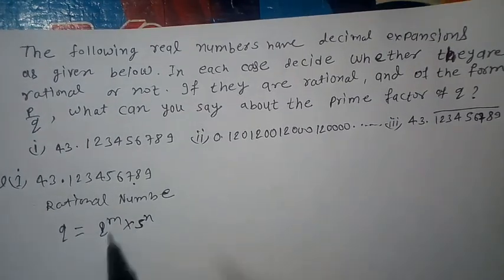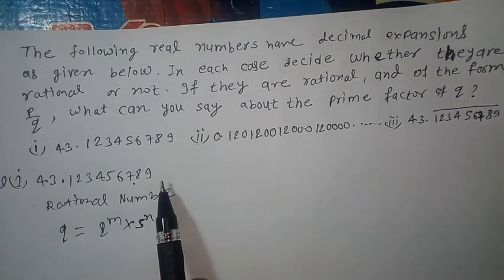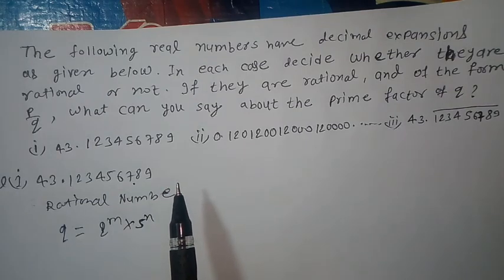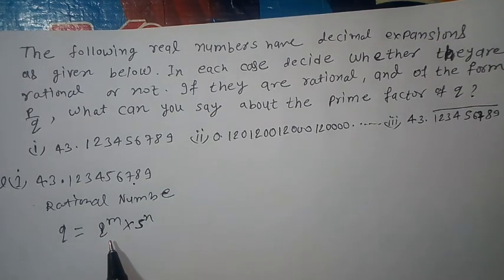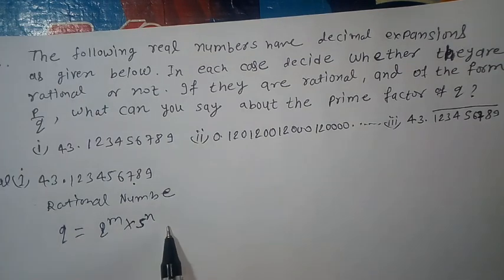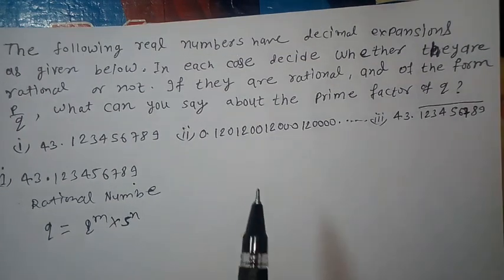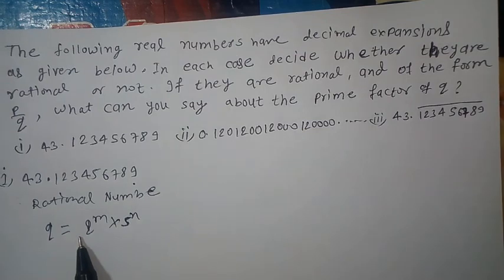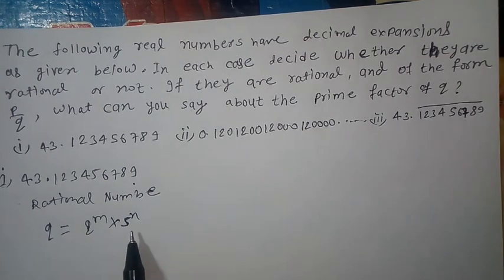When the rational number is terminating, the prime factor of q is 2 to the power m into 5 to the power n. So we say that q is in the form of 2 to the power m and 5 to the power n.